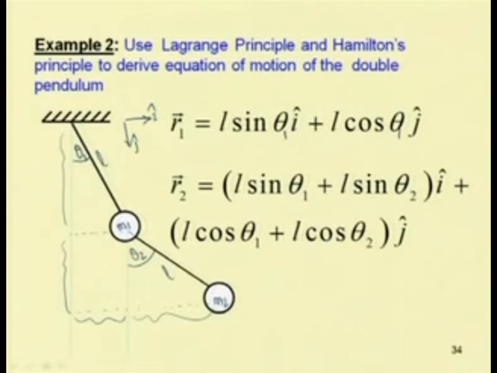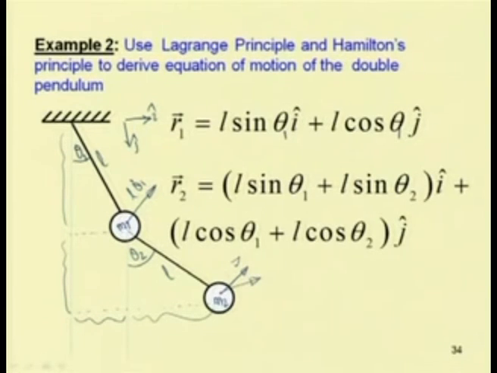Or one can directly also write the velocity of this. The velocity of this point is equal to L theta 1 dot, and the velocity of this point will be the velocity of the first one, parallel to this one, plus the velocity of this point with respect to this, which is perpendicular to this link.